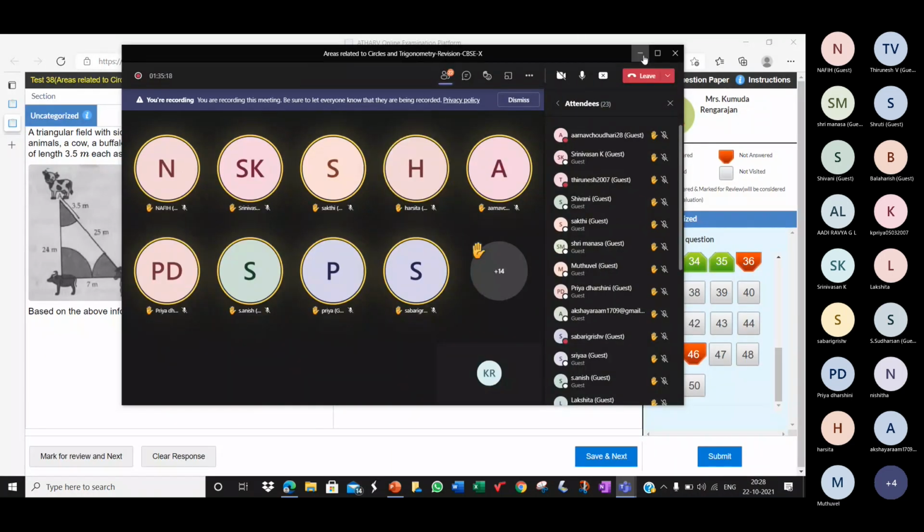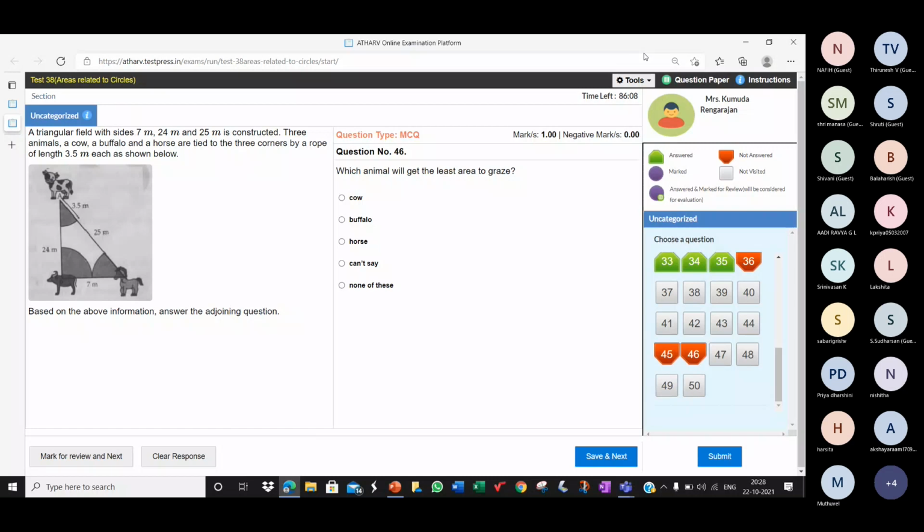Yes, back to the question. Which animal will get the least area to graze?